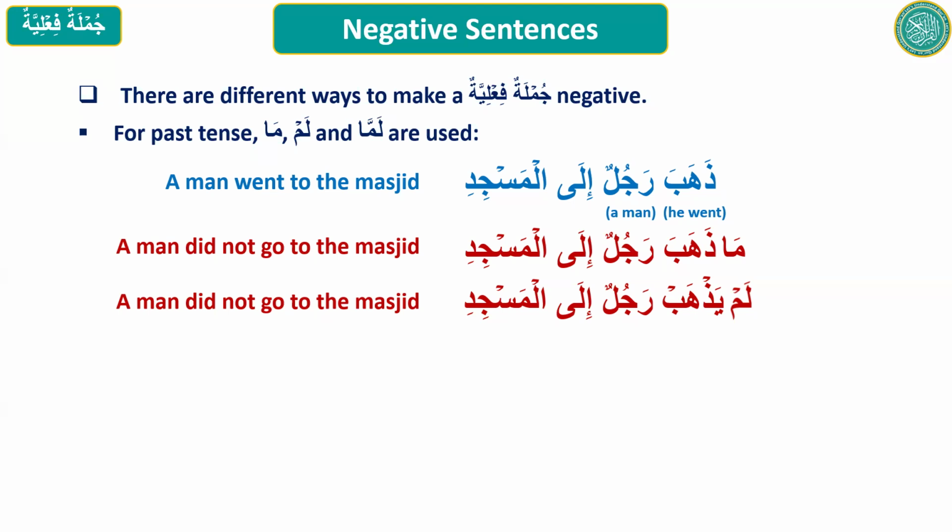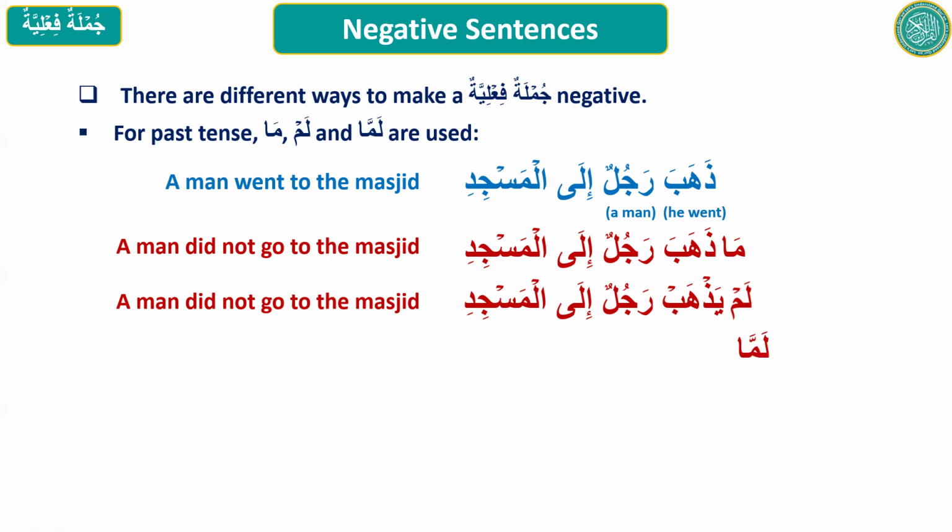So these are the two regular ways of making a jumla fi'liya negative in past tense. The second one is actually more regular. The first one would typically be used when somebody asks a question and then you answer, but both are used. The third one is the use of lamma.